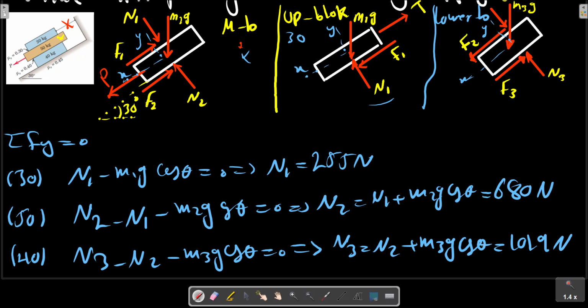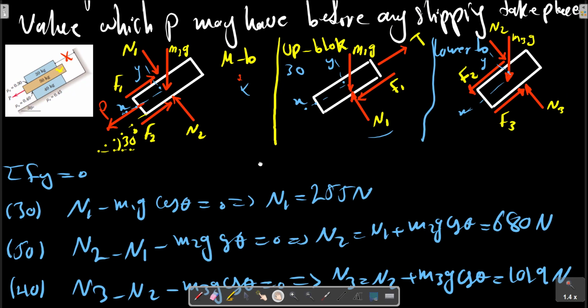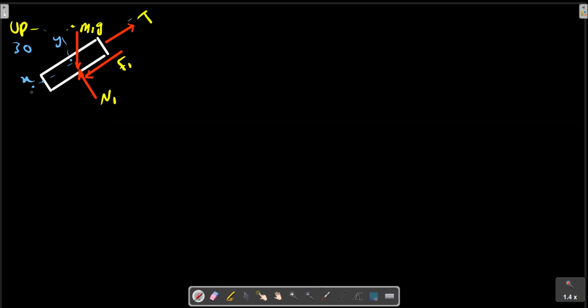Now we are going to calculate the friction forces. The first friction force can be calculated from the upper block free body diagram. For the upper block, we calculate N1.